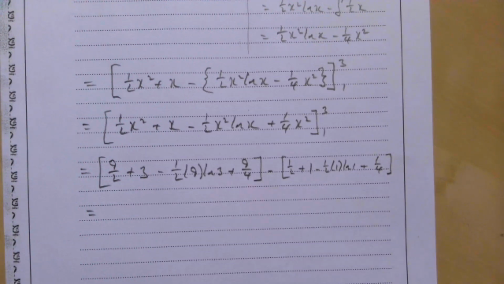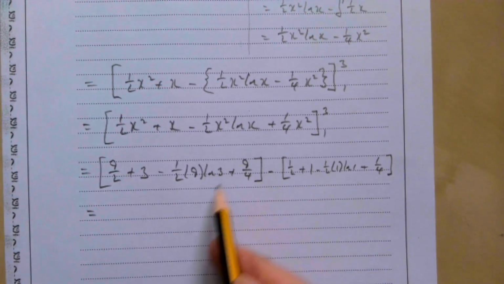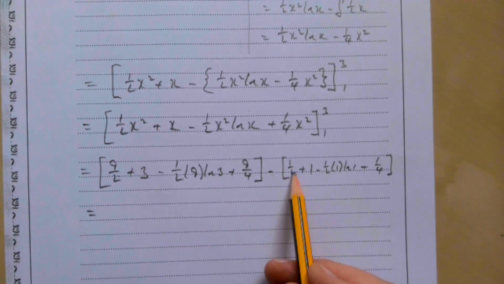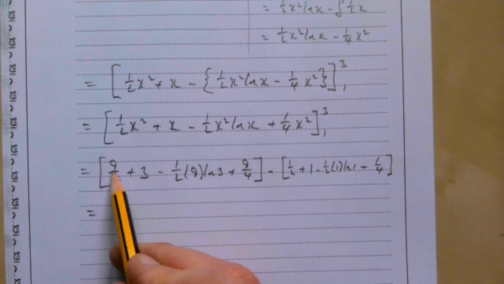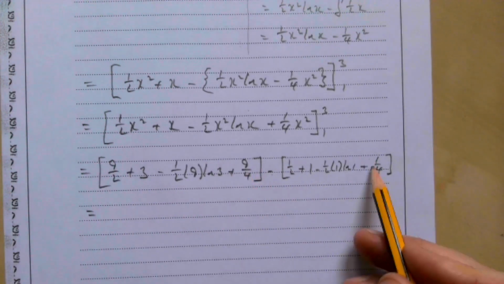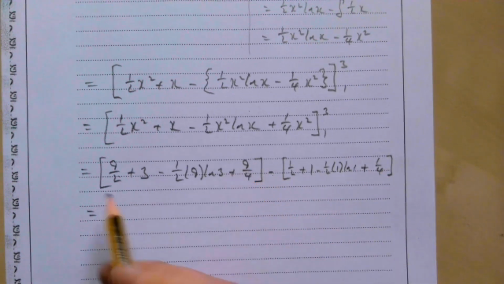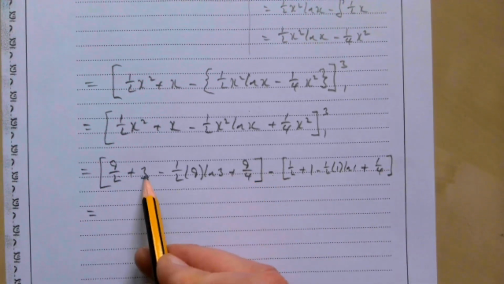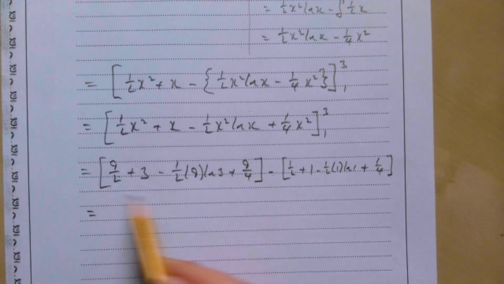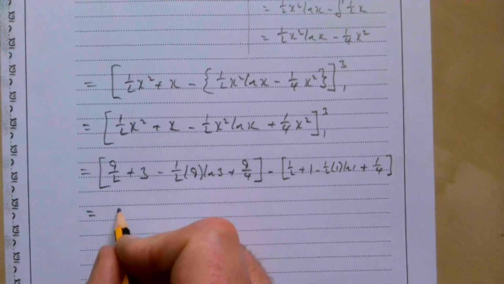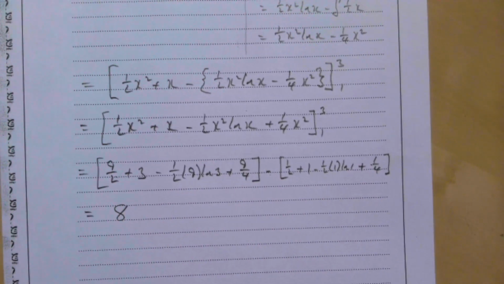You'll probably just want to use your calculator for this, but I don't really like doing that, so I'm going to see if you can see what I'm going to do here. That 9 over 2, and then you take away 1 over 2, that gives me just a 4. That 9 over 4, and you're taking away a quarter, that gives me 8 over 4. So that actually turns into 4 and a 3 and a 2, so that's 9. I've used those 2, and then I've taken away 1, so the numbers turn into an 8.